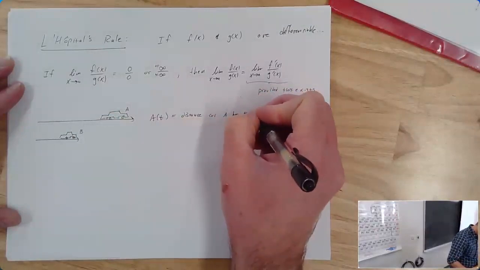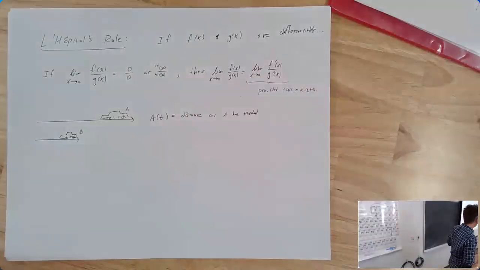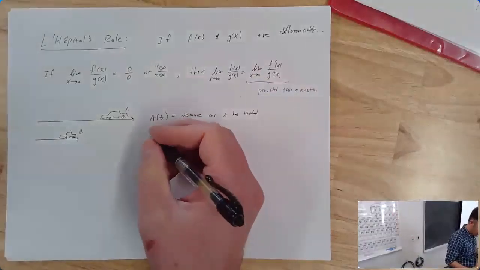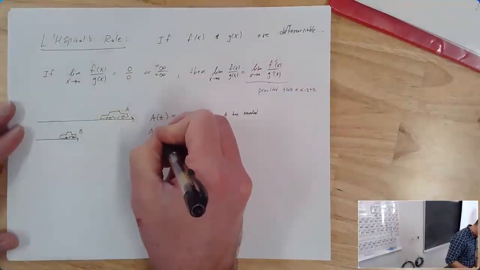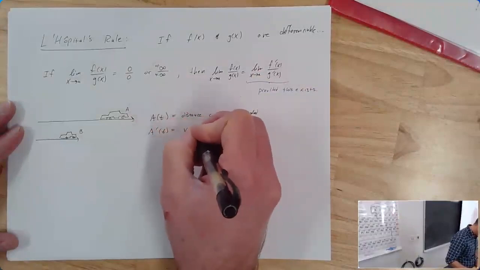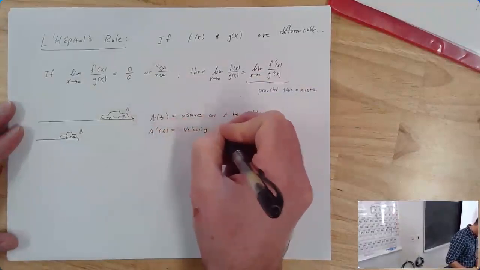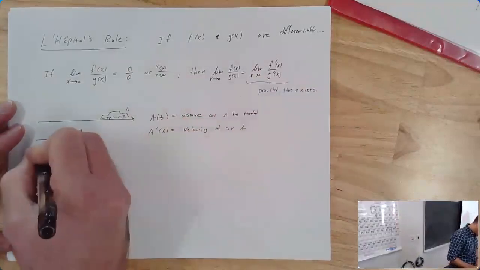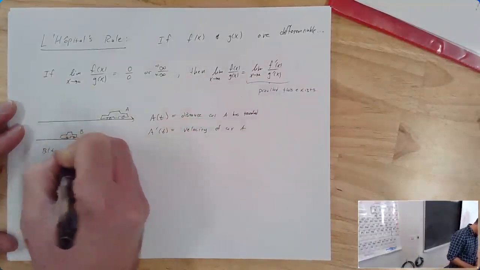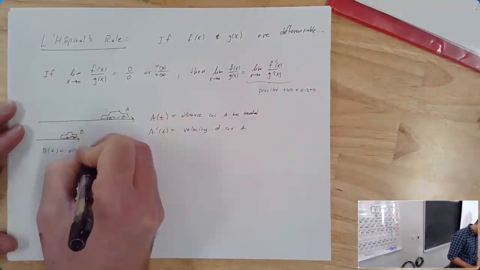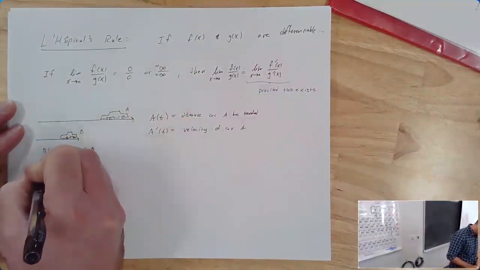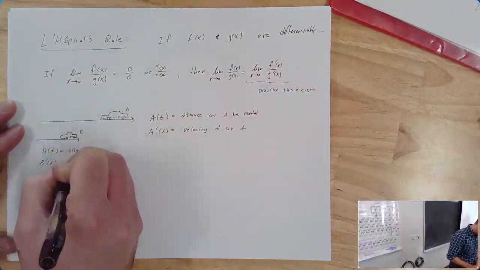And naturally, if some function represents distance as time progresses, then its derivative is the velocity. Similarly, B of t is the distance of car B, and B prime of t is the velocity.